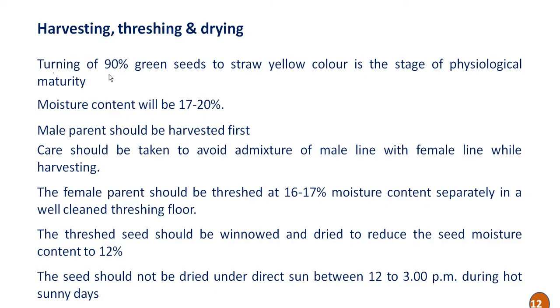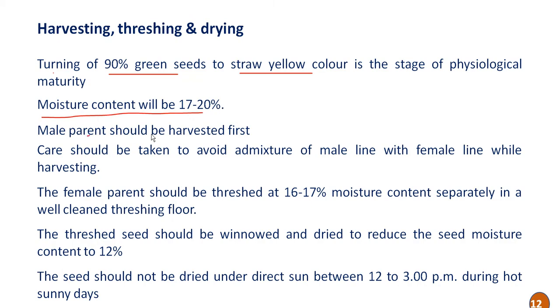The turning of 90% of green seeds to a straw yellow color is the physiological maturity sign. At this physiological maturity stage, the harvesting is done just after, when the moisture content is 17 to 20%.